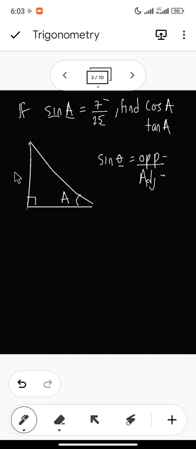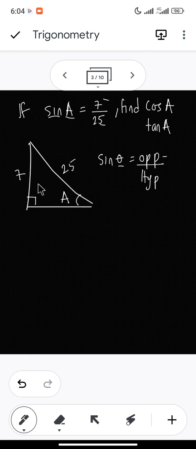So the opposite here is going to be 7, and the hypotenuse is going to be 25. And we're meant to look for the adjacent.